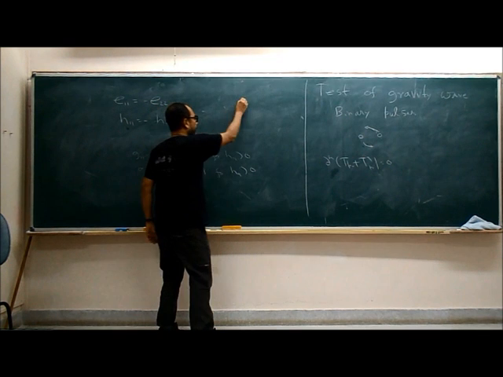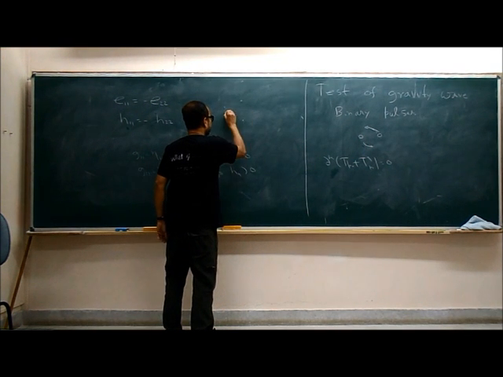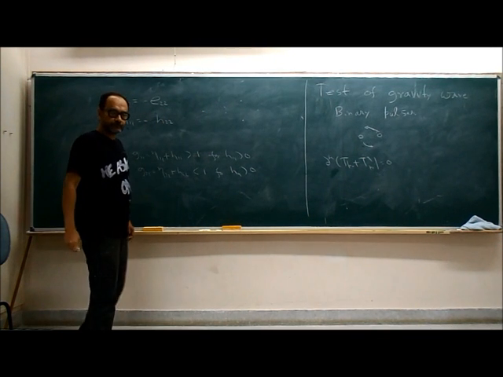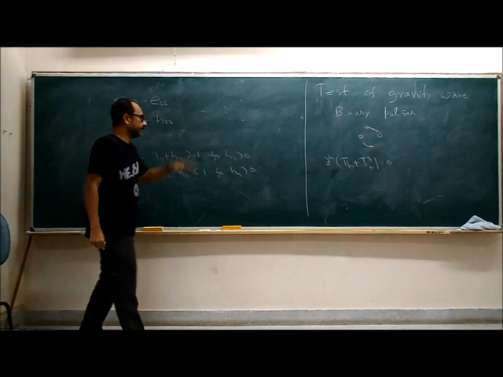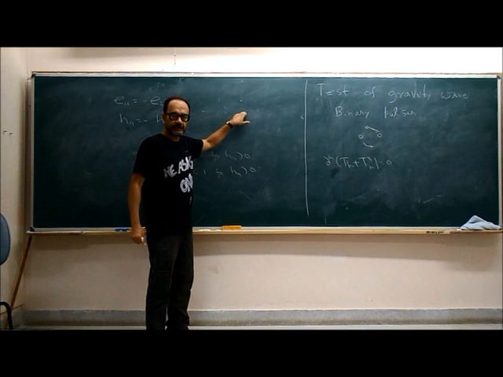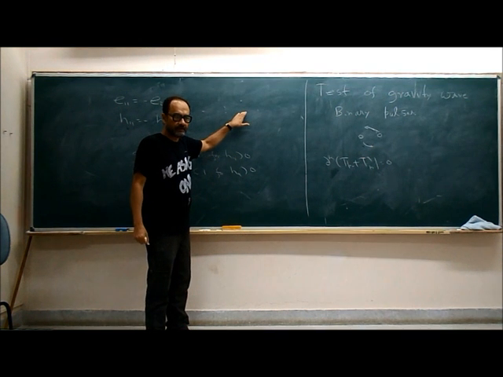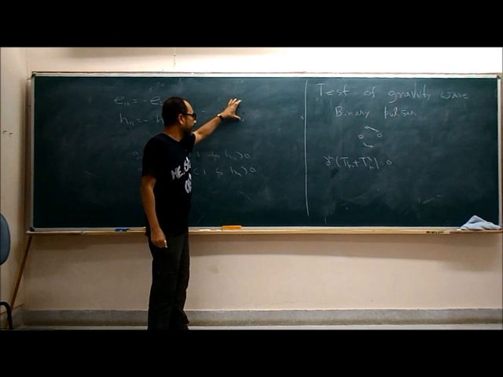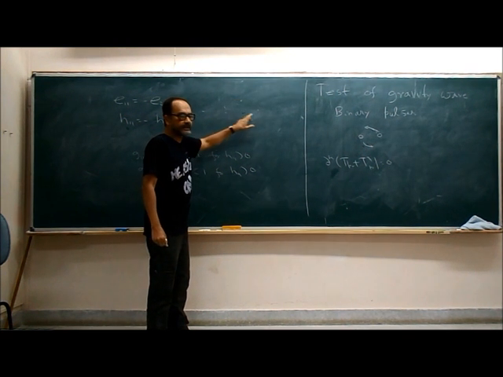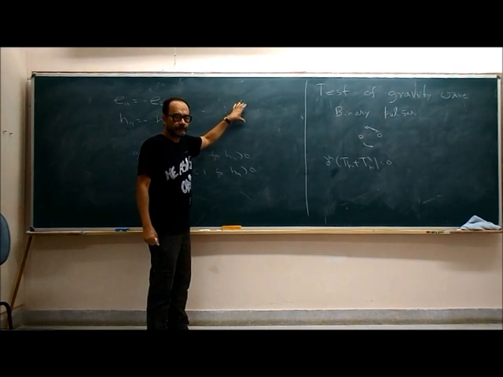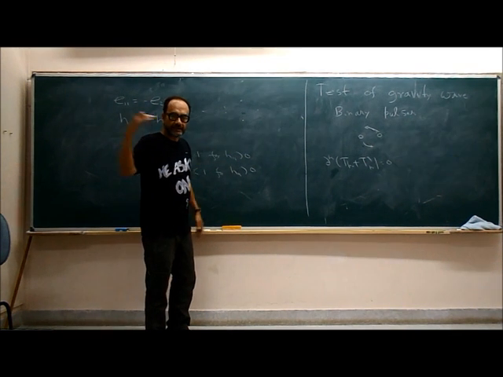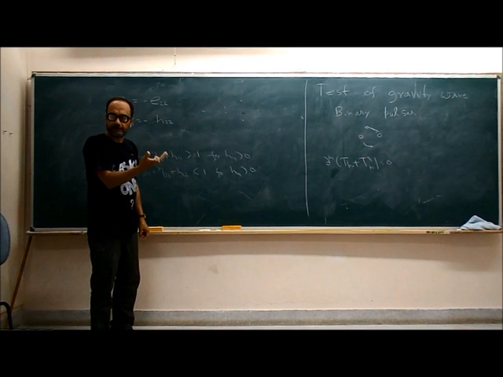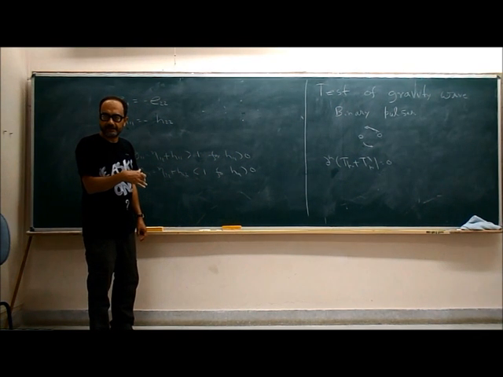So if we have some fixed points in space, and if a gravity wave passes through this, what will happen is that periodically this distance will shrink, this distance will increase, and vice versa. As the gravity wave passes, H11 of course oscillates, so it's positive at some time and negative at some other time.